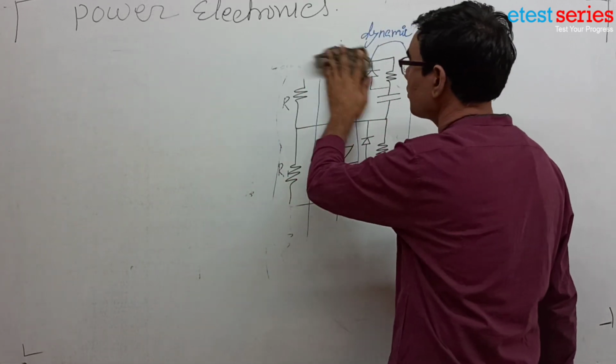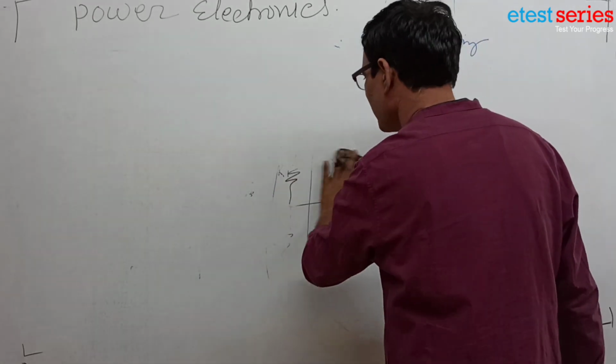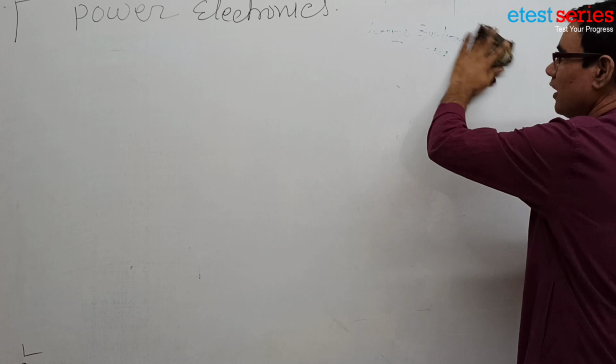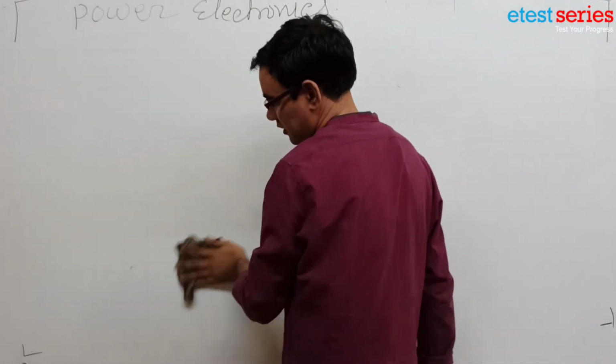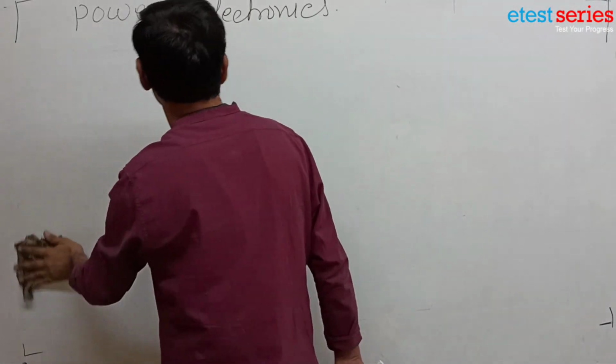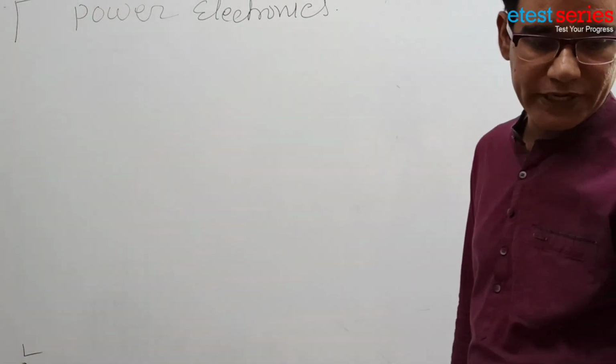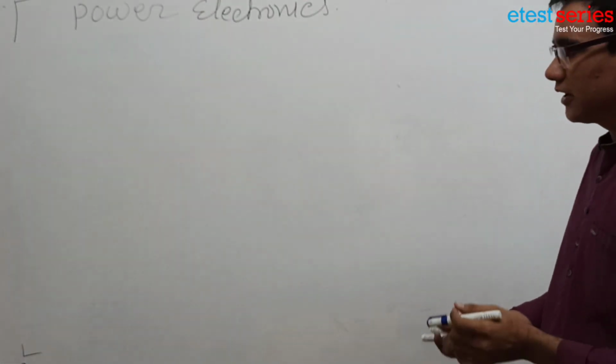And during the parallel operation, what kind of protections are required? Why is parallel operation required? And how can we avoid the circulating current causing overheating when they are connected in parallel?